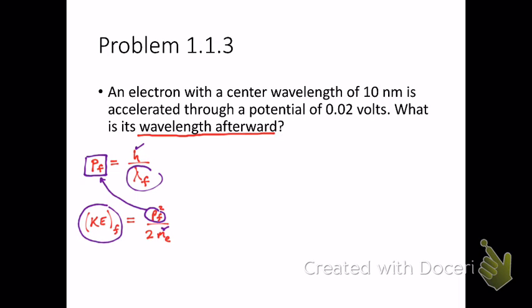So we want an equation that has the final kinetic energy and a change in kinetic energy, and we can do that if we say the final kinetic energy is equal to the initial kinetic energy plus whatever change in kinetic energy that we have.